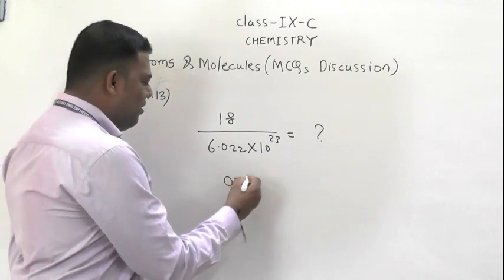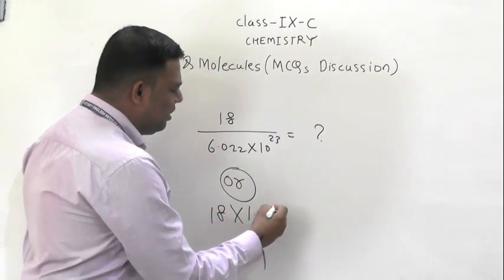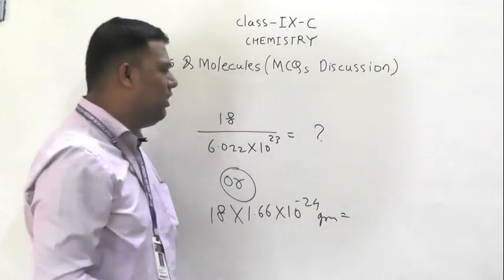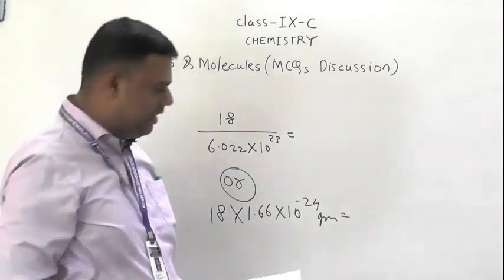Or we can do 18 into 1.66 into 10 raised to minus 24 gram. Okay, so that answer you will get 2.988 something.